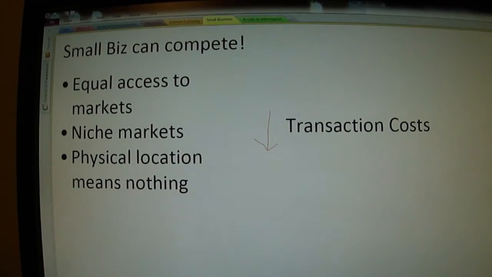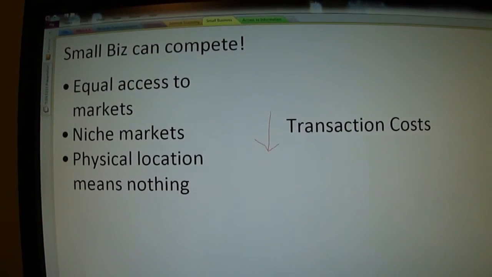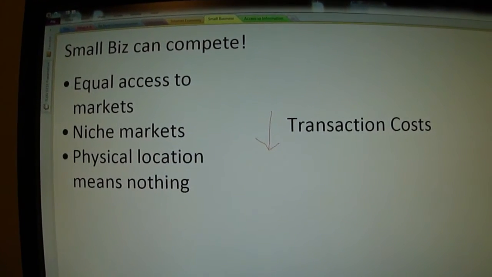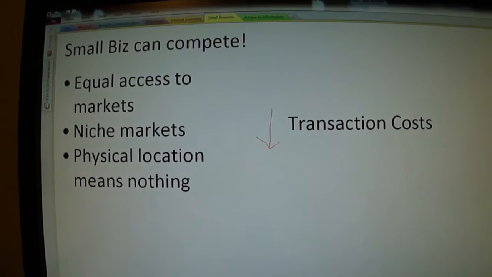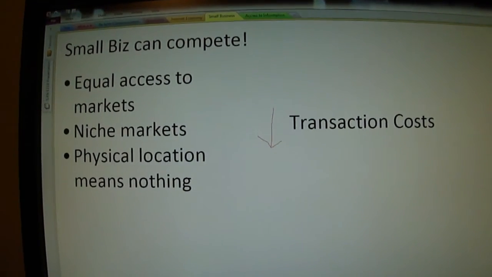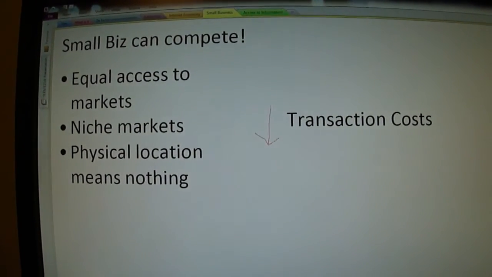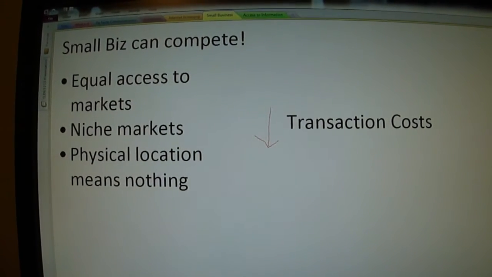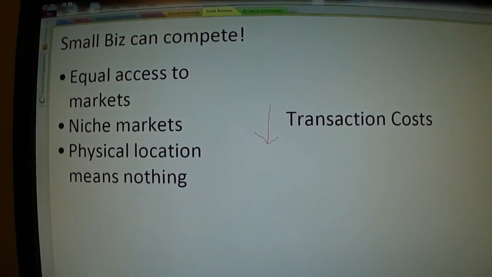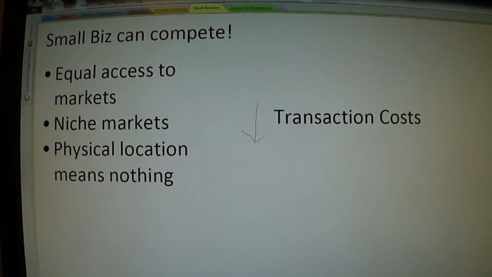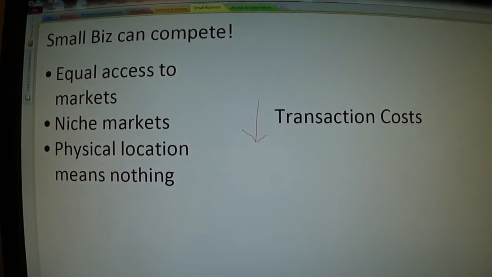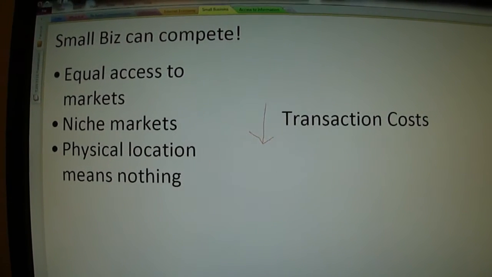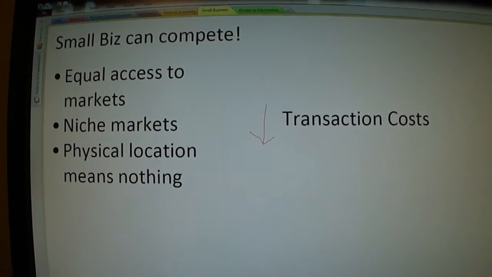Niche markets also have some advantages. A pillow maker can find those that want to buy pillows online now, through the use of search engines and other indexes. And physical location means nothing, as communication can occur, product can be shipped in traditional means. What the Internet really enables is the lowering of transaction costs.